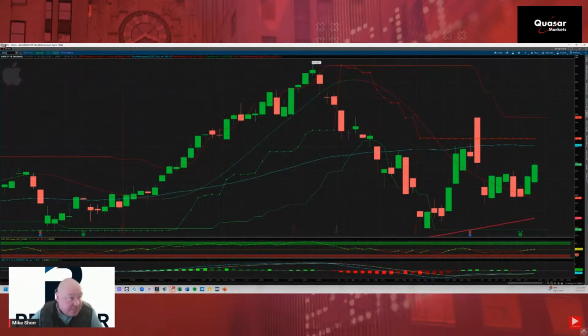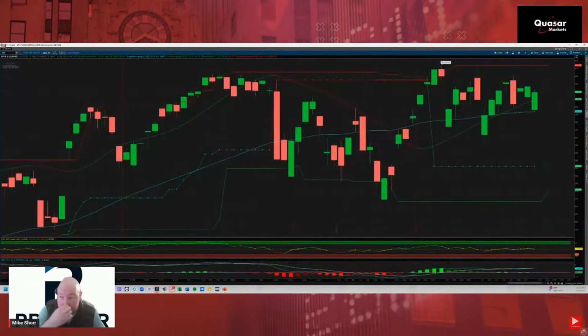SPY. We can look at SPY. Well, SPY held its 50 even with the bad number that we had out today. Wasn't a horrible number, but it definitely was not what the market's looking for. We have rallied back. I think we were down well over 1% at one point, and we are now just down about 30 bips on the day.